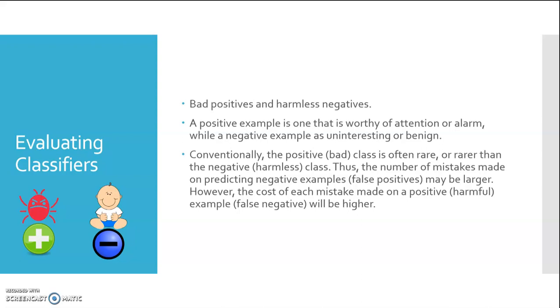The rest do not churn because they have chosen the telco that they really want. So when we are choosing a class, we should always remember the bad positives and the harmless negatives.